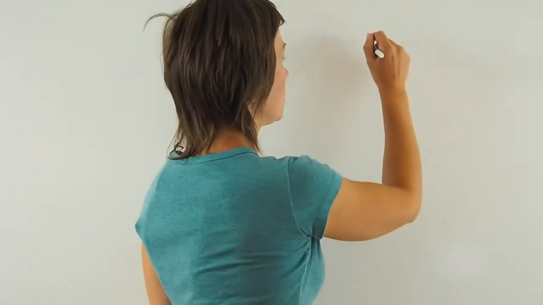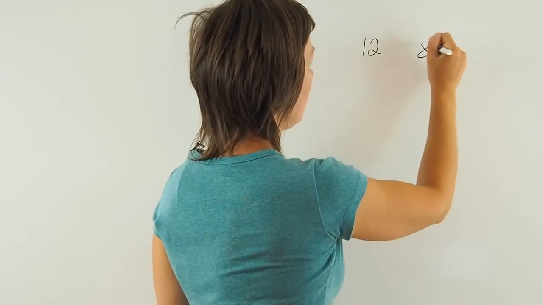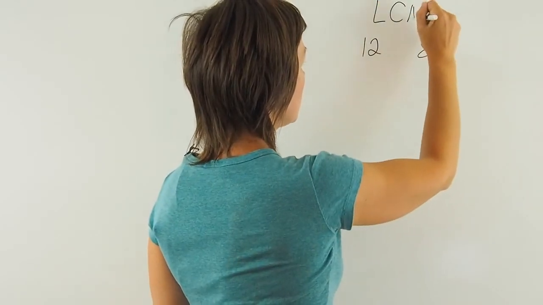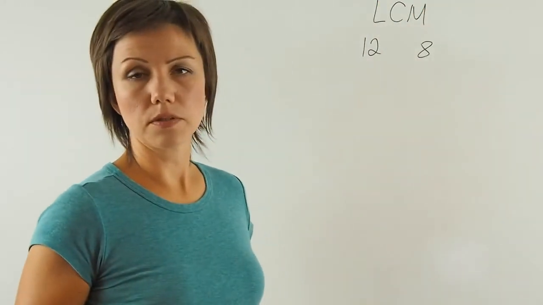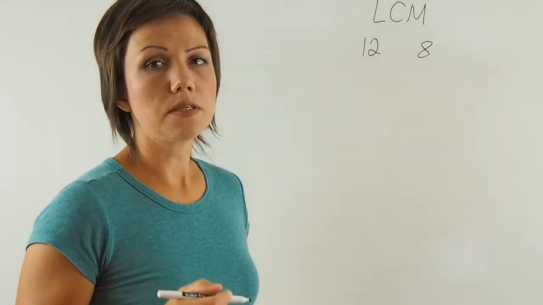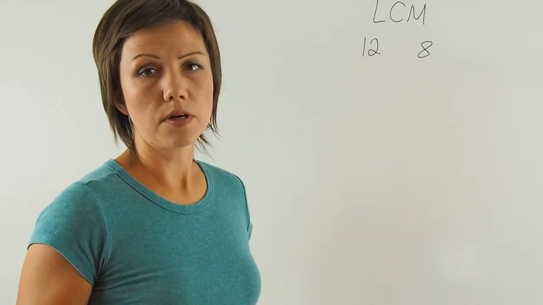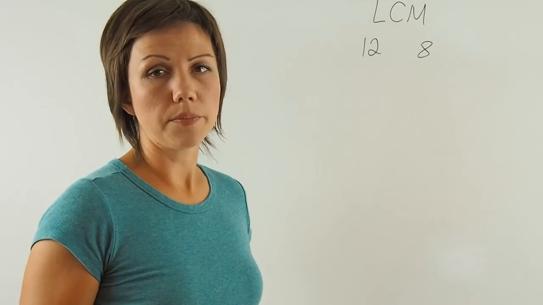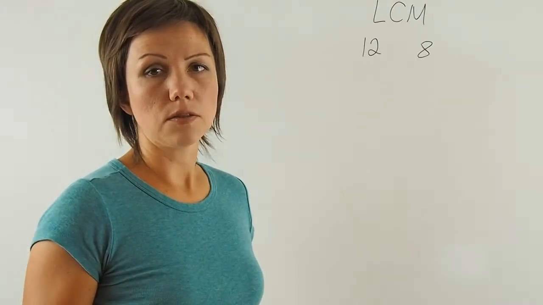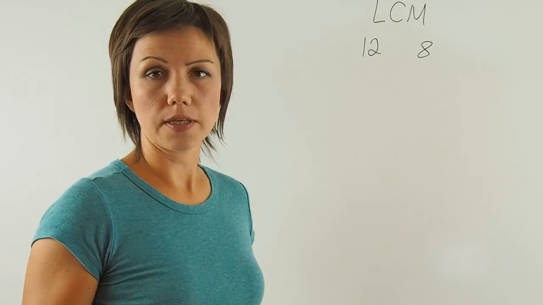Let's now see how we can find the least common multiple of two numbers. Say we have two numbers, 12 and 8, and we want to find the LCM, least common multiple. The least common multiple is the number that could be divided by both of these numbers, and it's the lowest number that you could get.